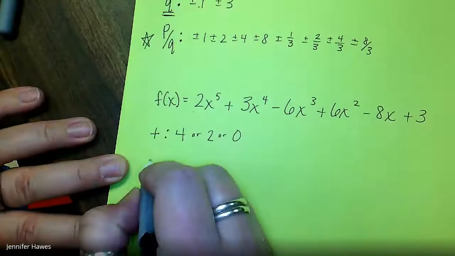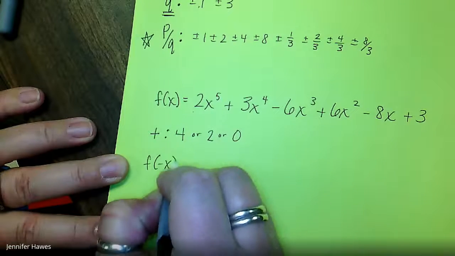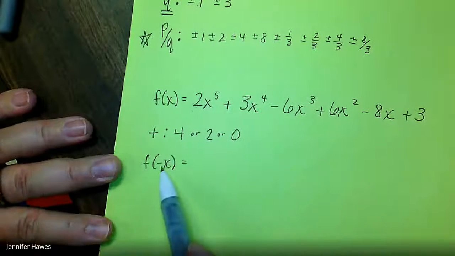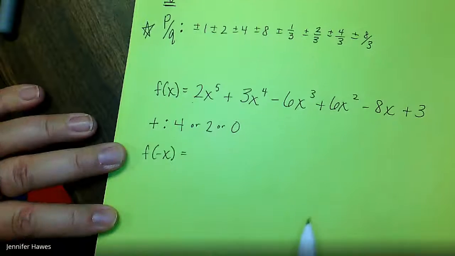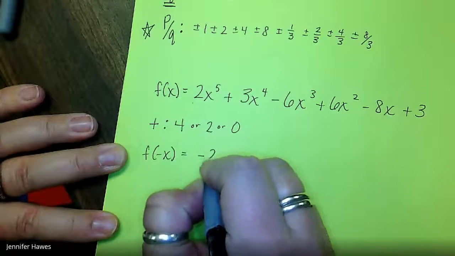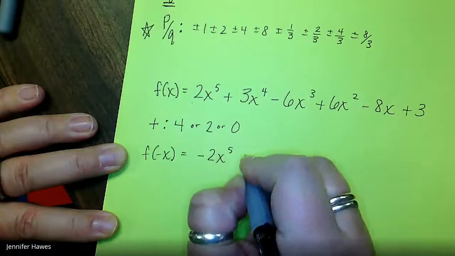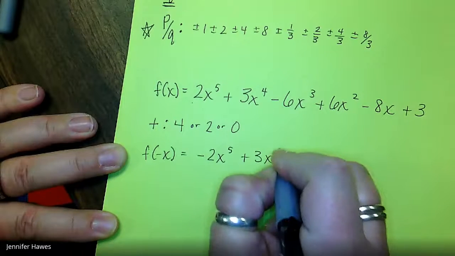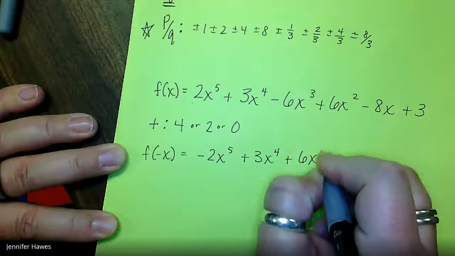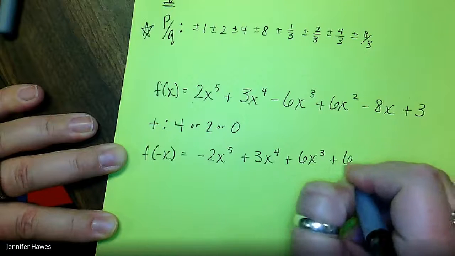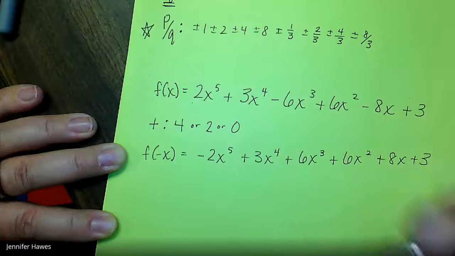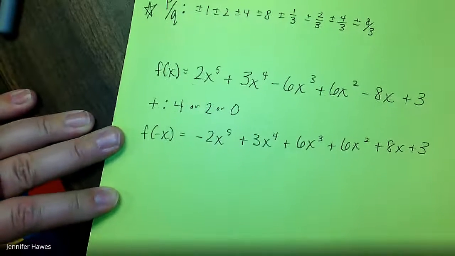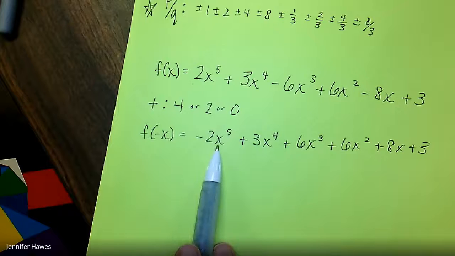Okay, now to find out how many negative I'll have, basically what I'm doing is putting a negative x in here, but it's only going to change the odd powers. The reason it only changes the odd ones is because remember, a negative times a negative is a positive.